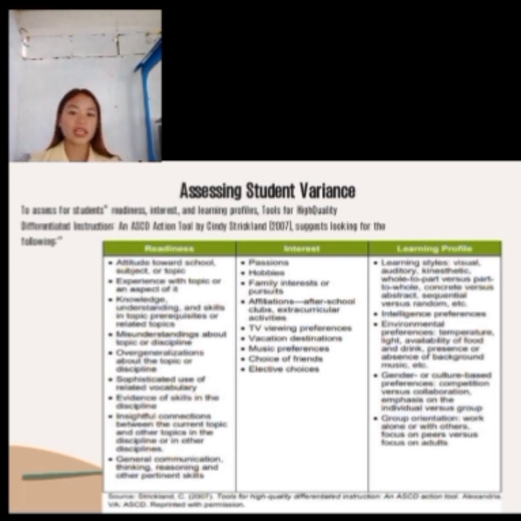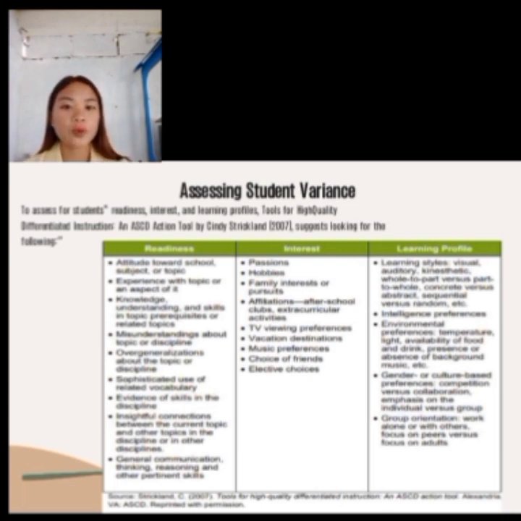They are more likely to watch the news, so they prefer acquiring knowledge about the world that they can relate to when they are in school. Also vacation destination, music preference, choice of friends, and elective choices. In that way, we can assess our students who have interest or passion to learn.